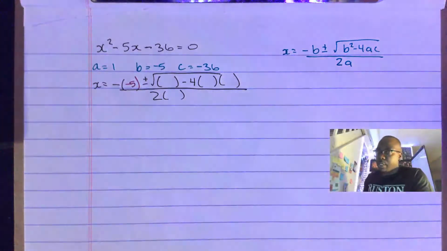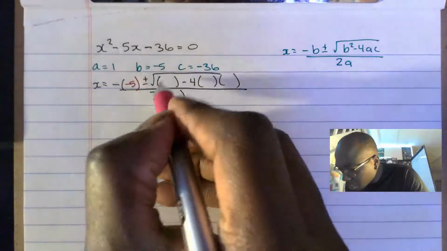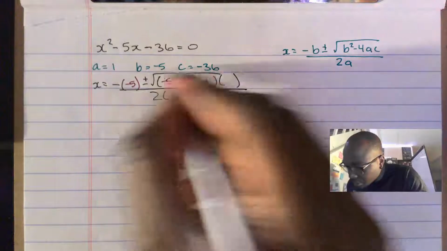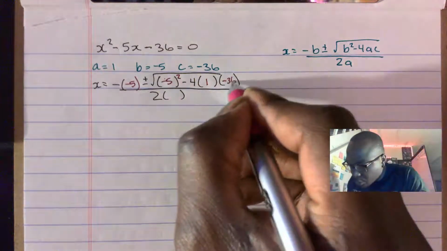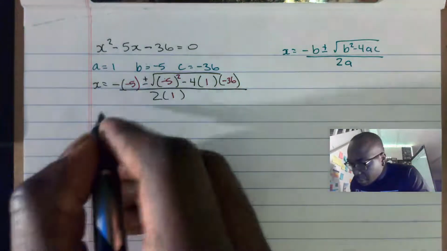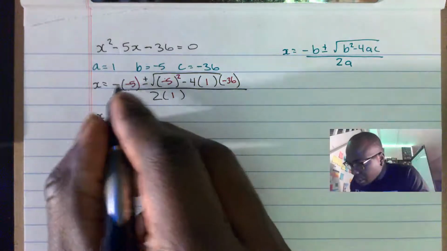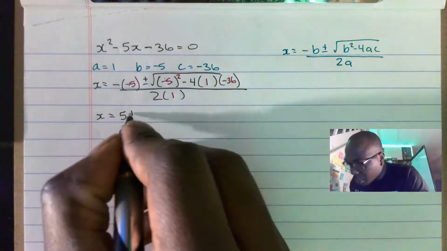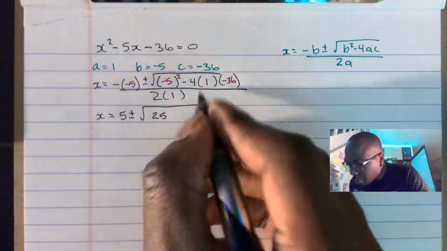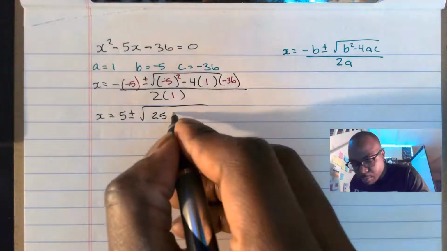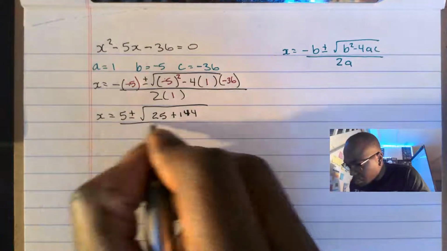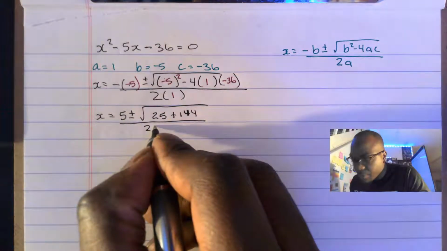In here I'm going to plug b, which is -5 squared, minus 4 times a, which is 1, times c, which is -36, all over 2 times a, which is 1. Negative times negative is a positive, so this gives me x equals 5 plus or minus the square root of 25, and minus becomes plus, so plus 144, all over 2 times 1, which is 2.